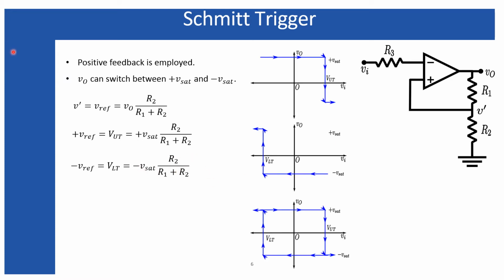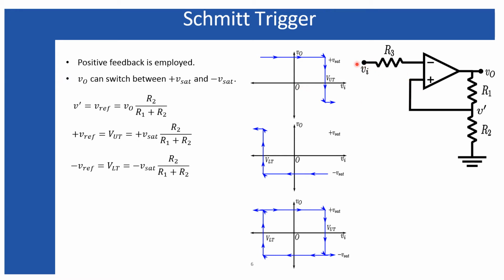And here is a plot of how the threshold voltage changes when the input voltage is varying. When the input voltage is less than the upper threshold voltage, for the time being I'm considering the output voltage to be at plus VCC or plus Vsat, and that makes the reference voltage reach the upper threshold voltage.